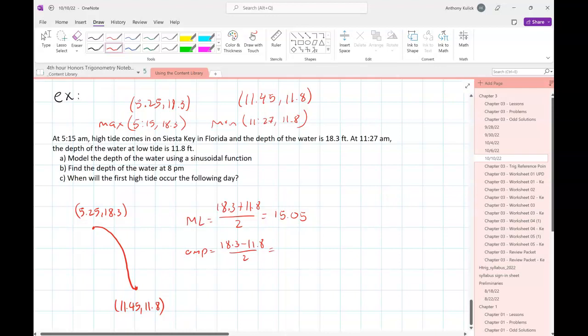When I do that, I get 3.25. So again, this is telling me the k, and this is telling me the possible values for a.